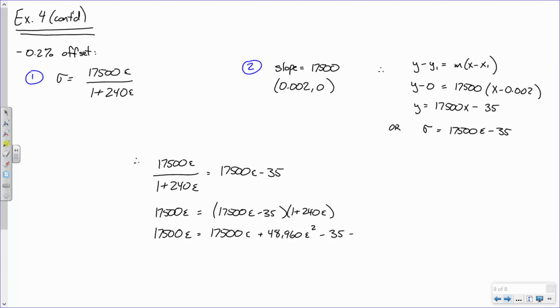We doing good on the 48,960? Are we not? All right, well, hold on. So the front one is 17,500 epsilon. The outside, what are we getting? 4.2 million even.